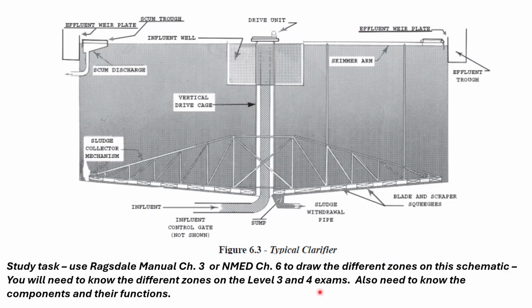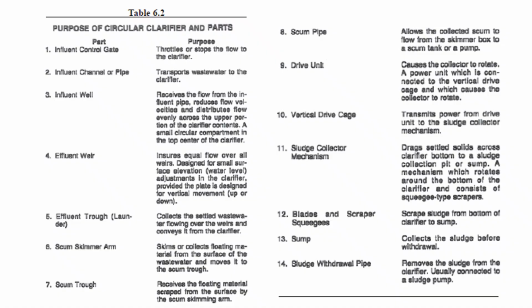You're also going to need to know the components and their functions. The other thing I would do as part of your studying efforts, here is Table 6.2, the purpose of clarifier parts of a circular clarifier. I would look at these components and match them up to the diagram on the previous page.